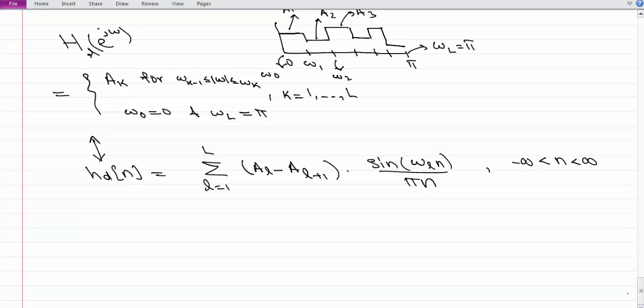And there are other types of general filters, other filters with analytical expressions.